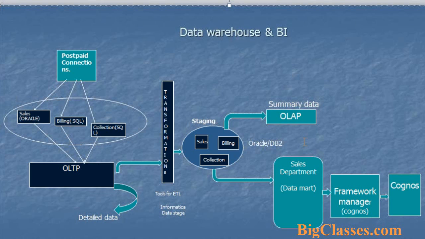So he has made two payments, one of 3,000 rupees, and again within the due date he has paid the rest. If it is this kind of data, in the general database, the OLTP system, there are going to be 2 records. Whereas in the data warehousing system, there is going to be only 1 record with the value of 6,000 rupees.